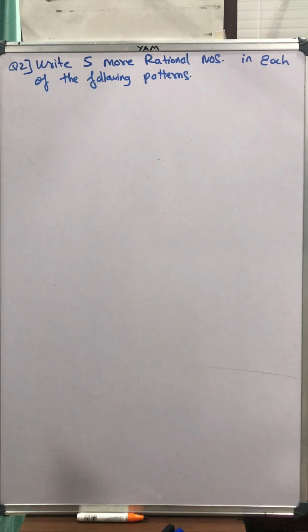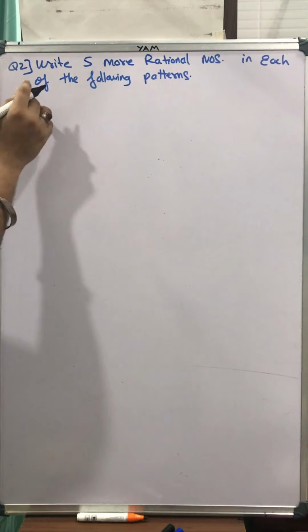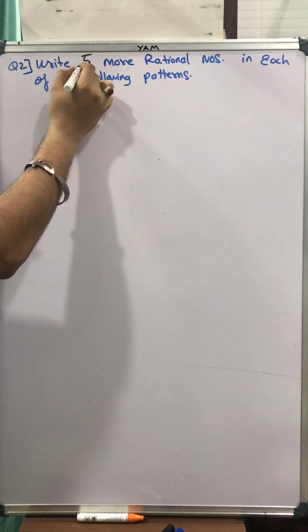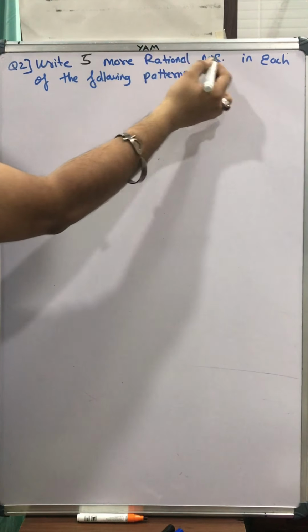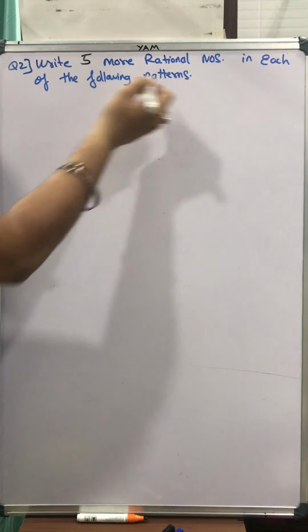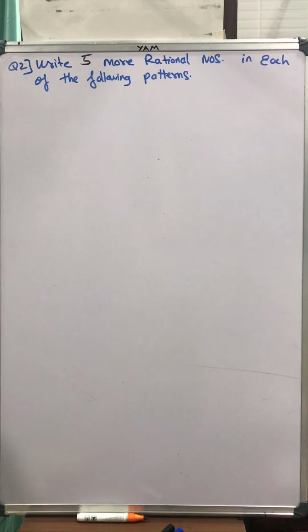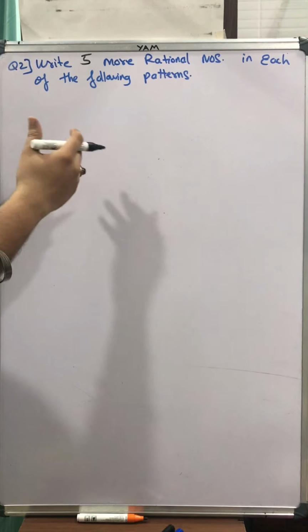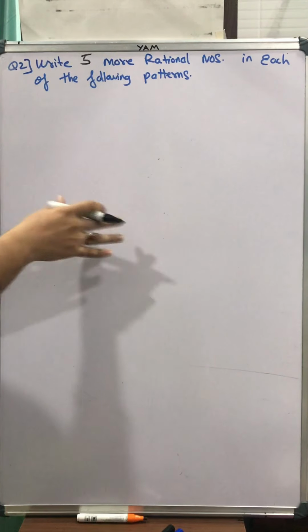Now we have question number 2 on the board. Write 5 more rational numbers in each of the following patterns. We have to write 5 more rational numbers according to the pattern given.